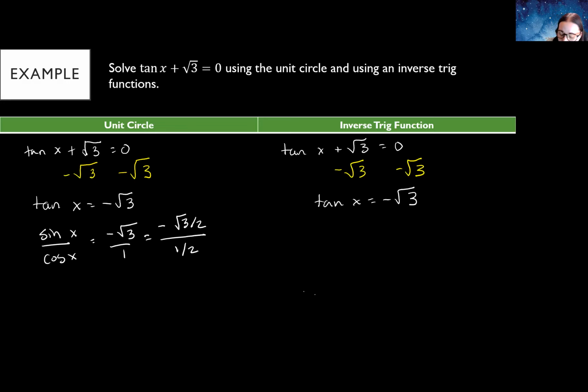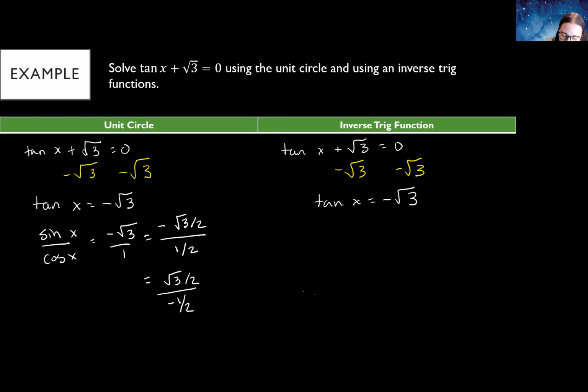Now that negative could be with the square root of 3 over 2, or it could be with the 1/2. So the negative could be on top or the bottom. And so we're looking at two locations here, two ordered pairs. And the negative could be with either one.